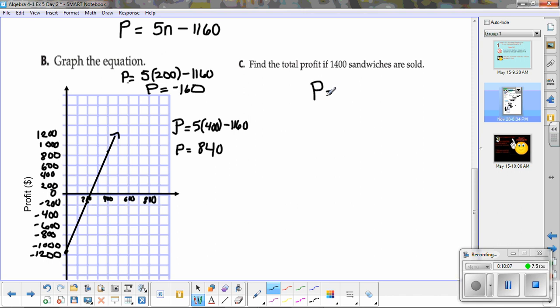Profit is going to equal 5 times 1,400 sandwiches minus 1,160. 5 times 1,400 equals 7,000 minus 1,160. That means the profit is going to equal $5,840.